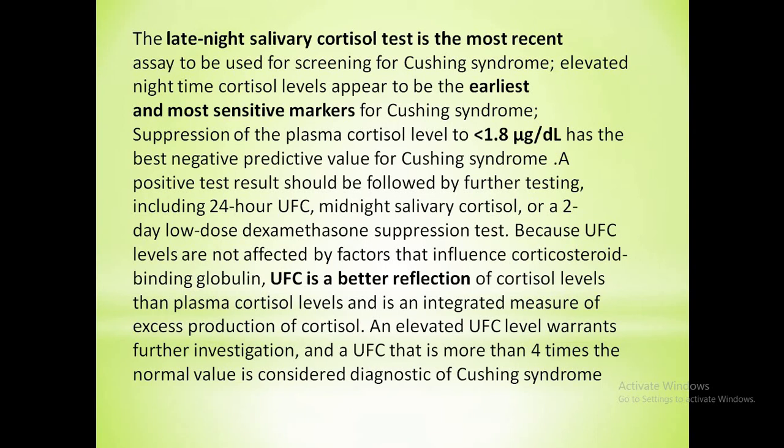And UFC is a better reflection of cortisol levels. Why? Because it is not affected by factors that influence CBG, or corticosteroid binding globulin. So it is considered to be an integrated measure for excess production of cortisol.